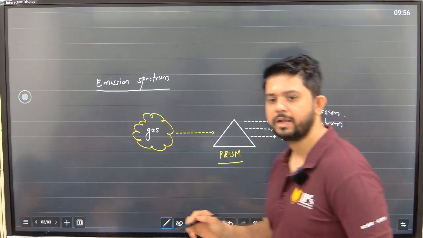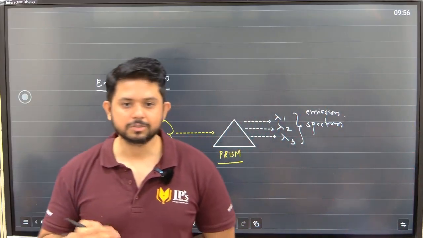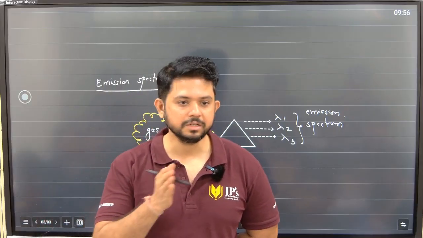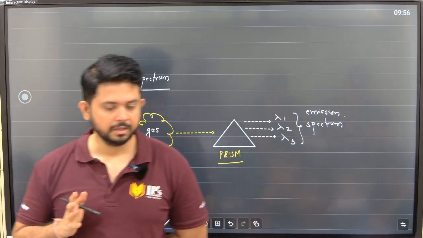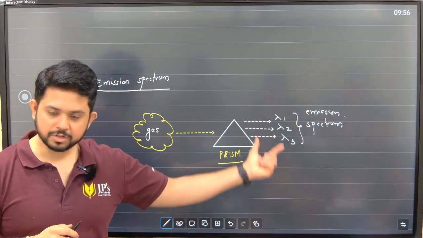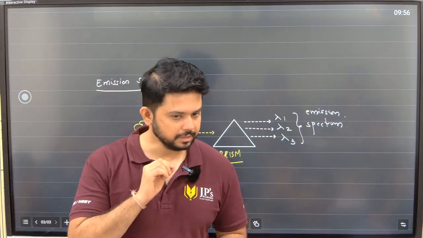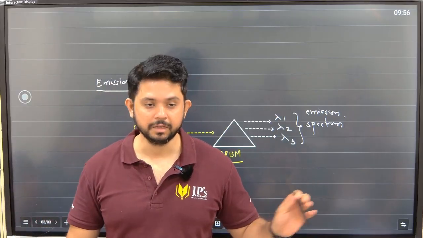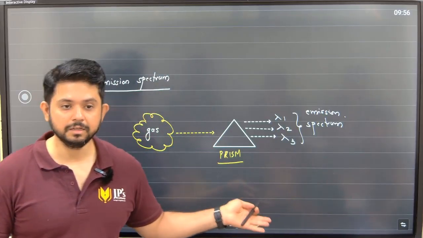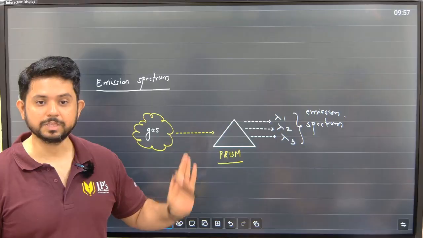The wavelengths that you get out from that prism is called as its emission spectrum. Now where we observe this is actually called as a spectrometer. हम spectrometer में उसके spectrum check करते हैं, and we'll study this in detail when we study atomic spectrum.